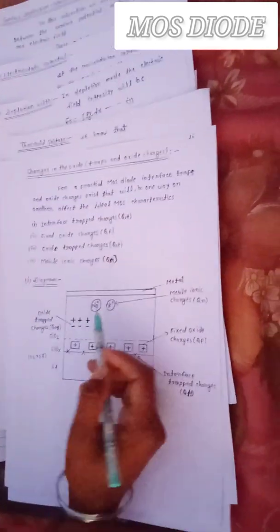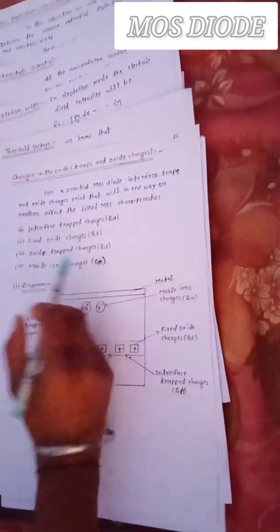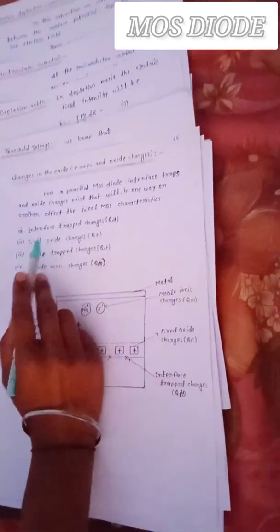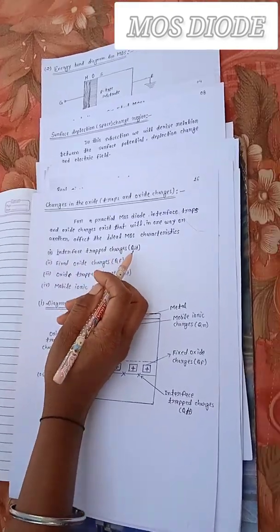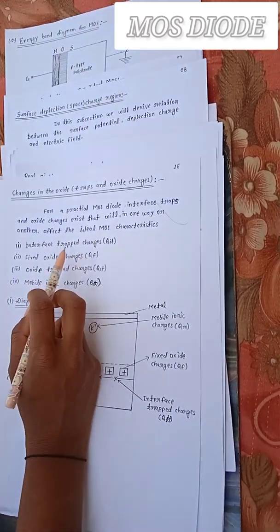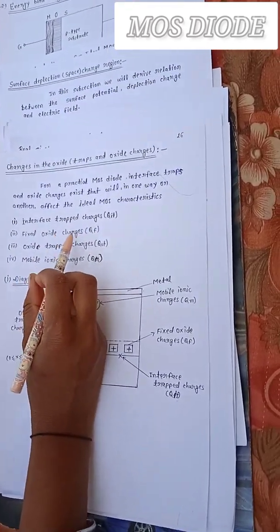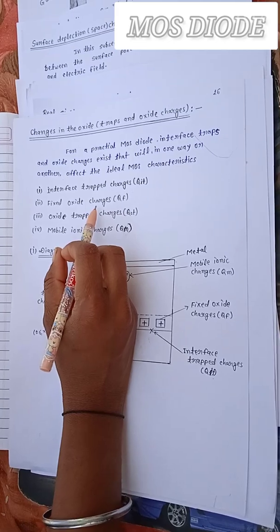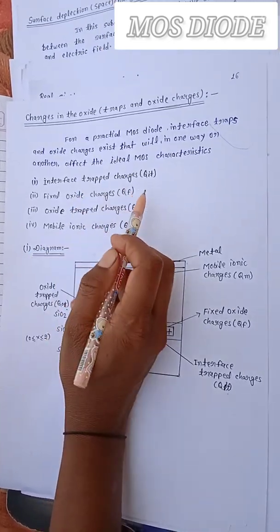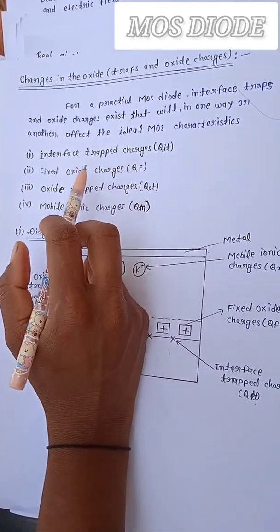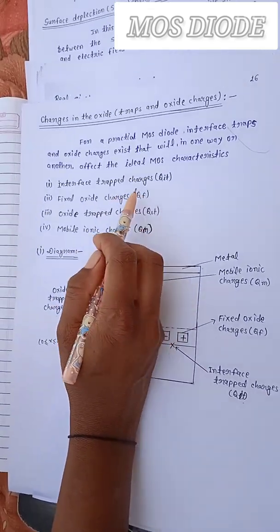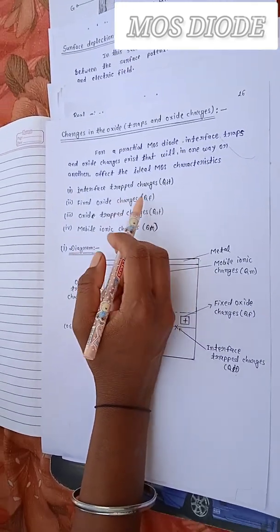So in the ideal MOS characteristics, oxide and trapped charges. First, interface trapped charges Qit. Qit charges are located at the silicon dioxide interface with energy states in the silicon forbidden gap, and which can exchange charges with silicon in a short time. Qit are positive or negative charges at the silicon dioxide silicon interface.